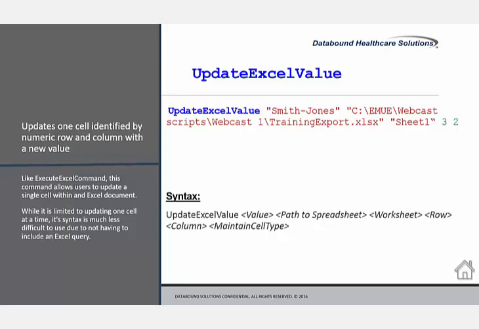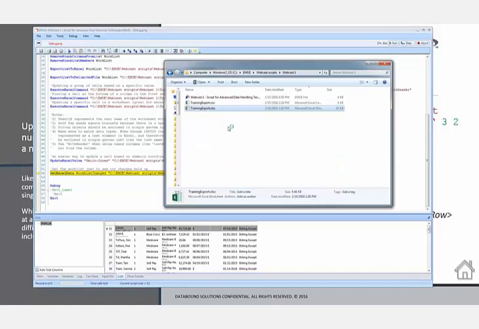If I head back to my EMUE script, I'm going to update the value Smith-Jones into the third column, second row. So I process that command, and I'm going to bring up my document again.